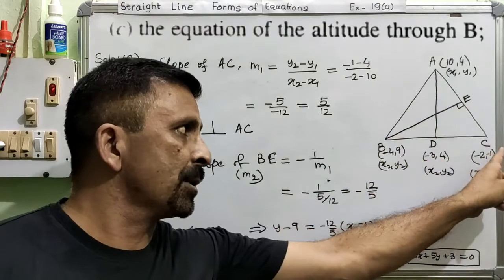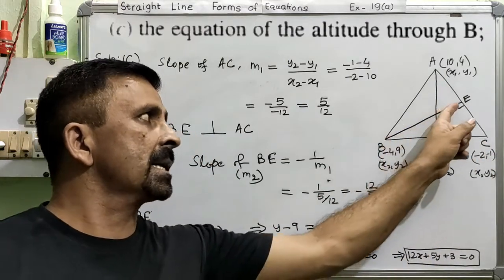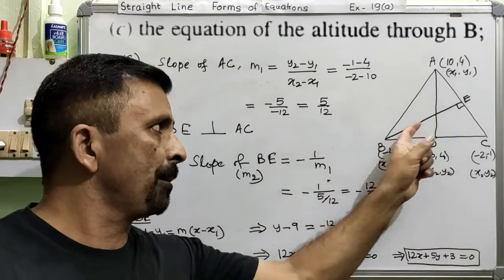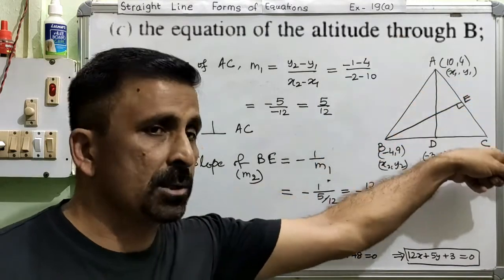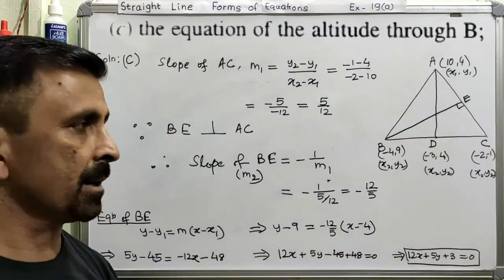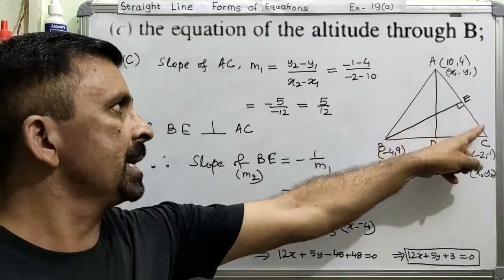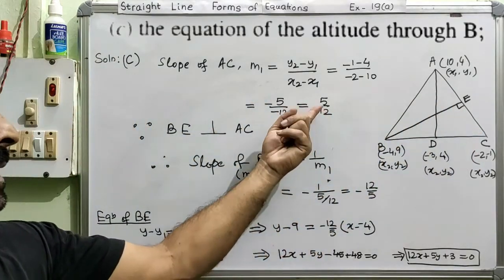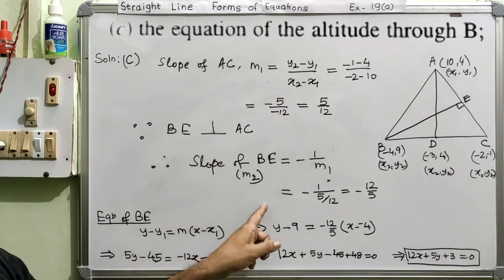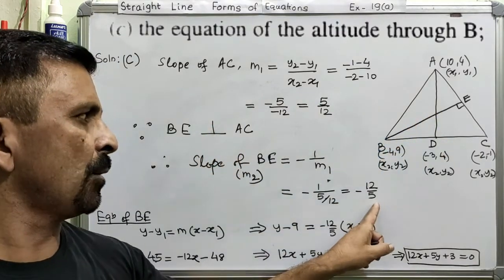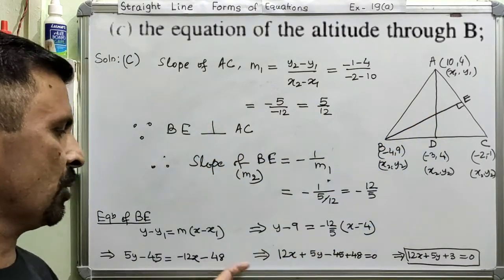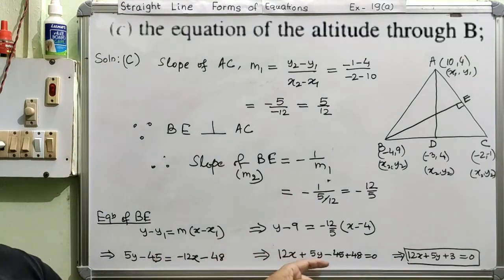Therefore, if I can have the slope of AC, I can easily get the slope of BE, because the slope of BE will be the negative reciprocal of the slope of AC. Clear? So this is how we calculated the slope of AC as 5/12, and then we wrote the negative reciprocal of this, and we got the slope of our BE. Now with this slope and this coordinate, we wrote the equation using the slope and point formula.